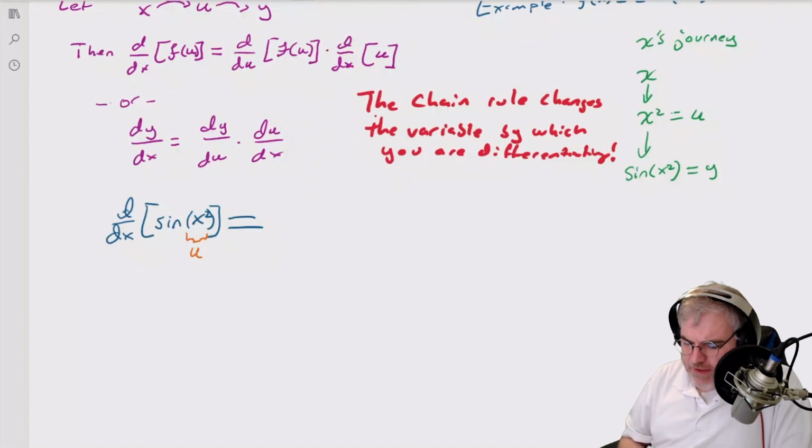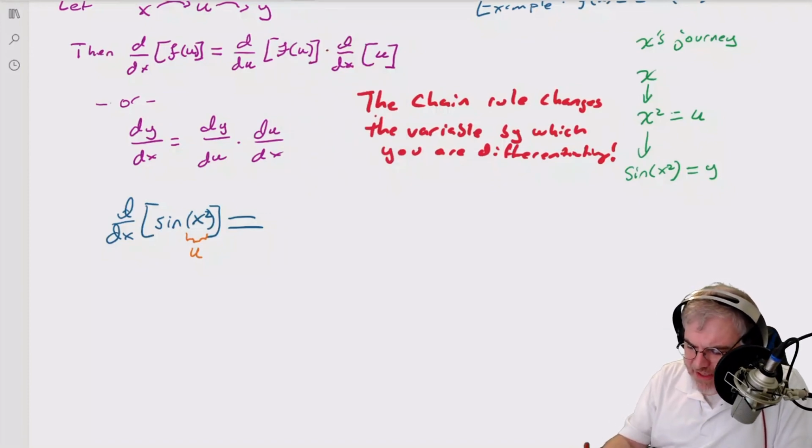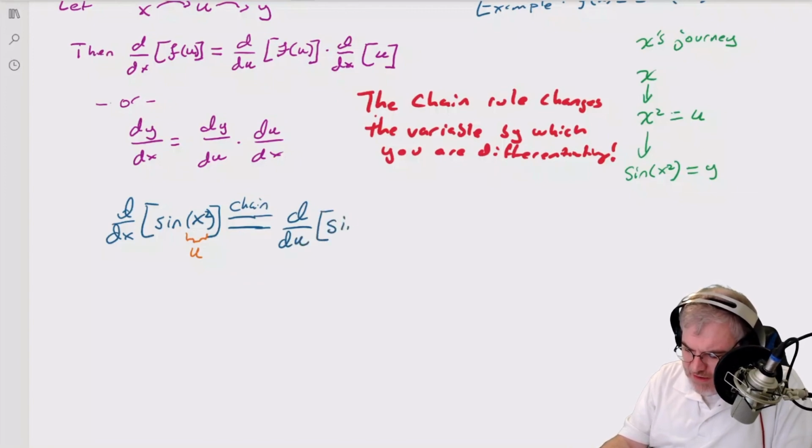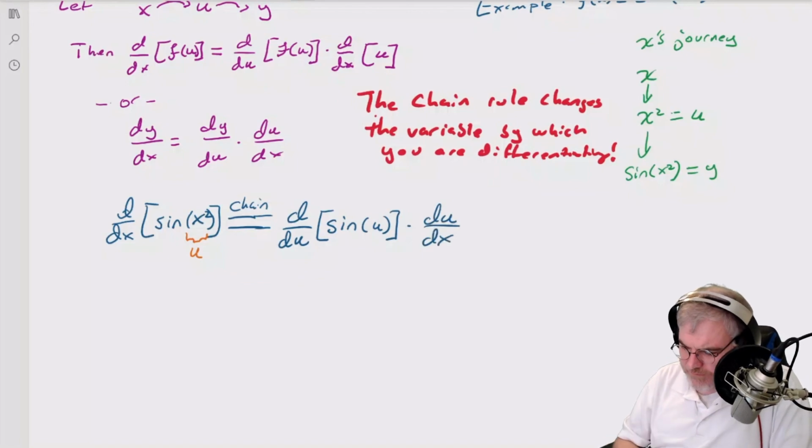So now I've got this, and I'm going to apply the chain rule. I'm going to take d over du of sine of u times du over dx. Okay?